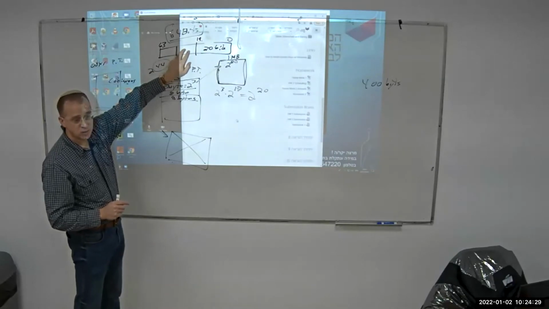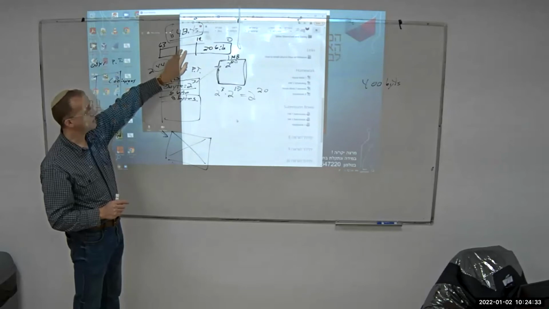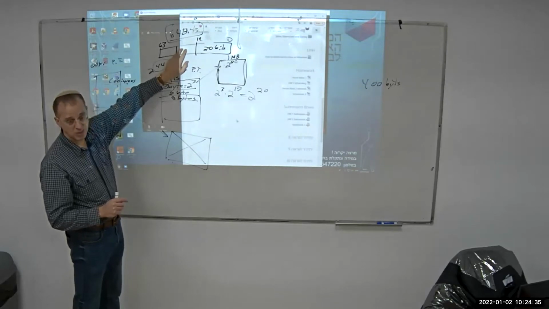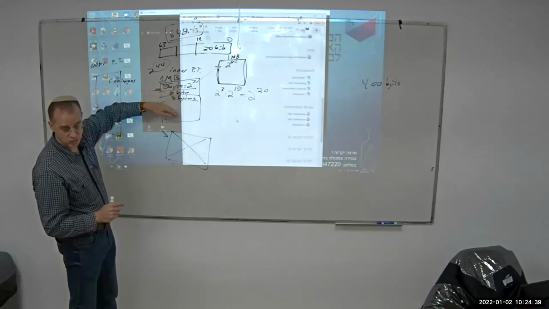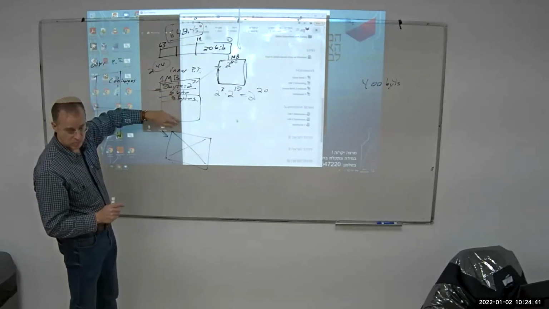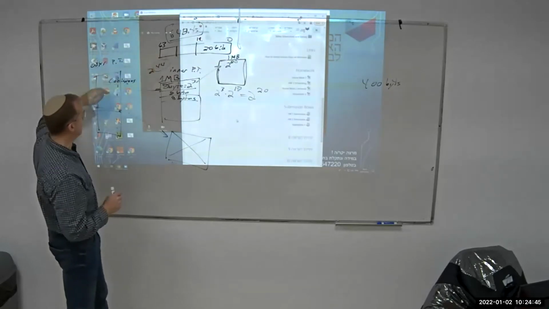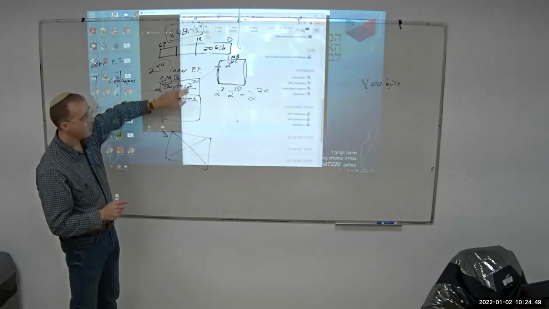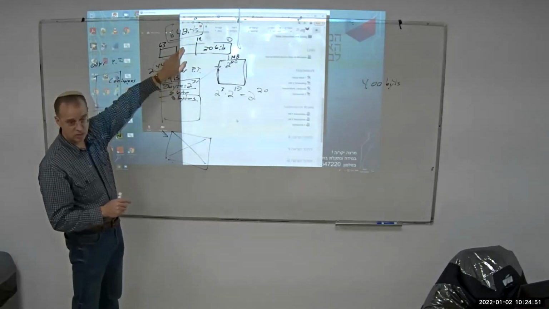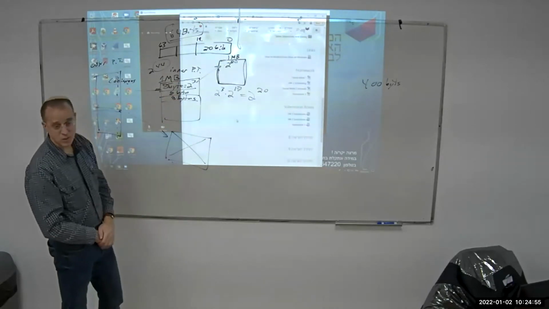This space here is going to be the bits that I'm going to use to tell me which row to go to in this page table. In other words, this is going to tell me which row to go to over here. How many bits do I need for that?